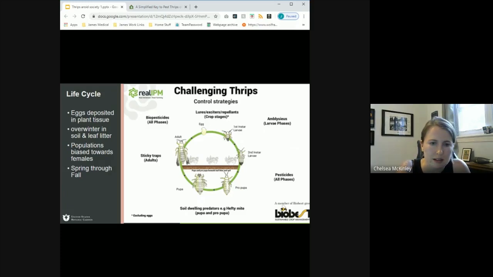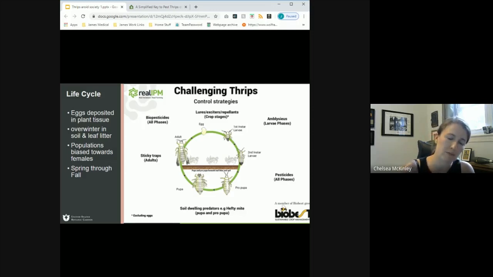And then the second instar larva pupates into the prepupa and the pupa, so the pupal stages. The insect doesn't just move down into the soil. What happens is that it pupates on the leaf surface, and it doesn't really attach itself by any means to the leaf surface, so it just kind of falls off of the plant at some point into the soil.